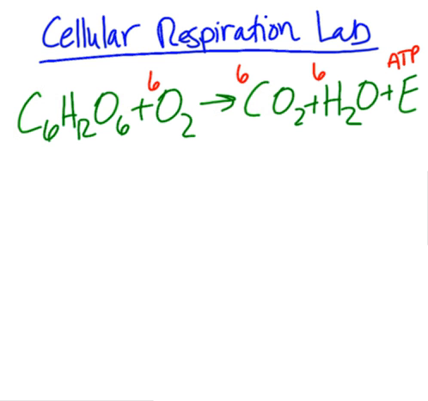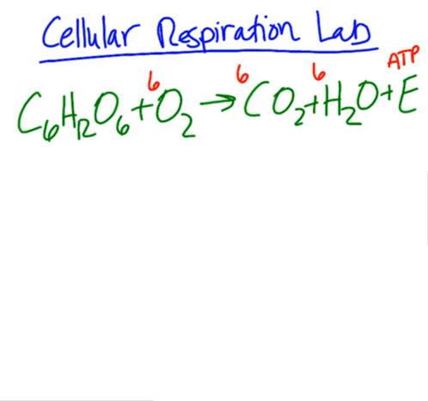This process happens in the mitochondria of plants, animals, and other eukaryotic cells. Even though the production of ATP is happening in prokaryotic cells, it's not happening in the mitochondria since prokaryotic cells don't have mitochondria.